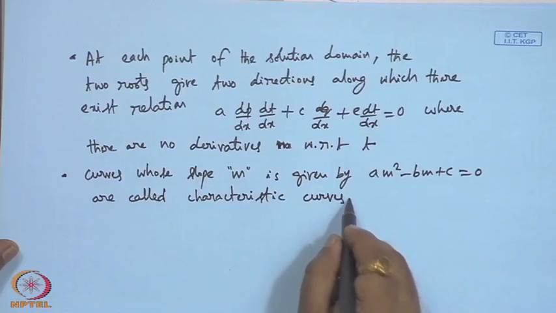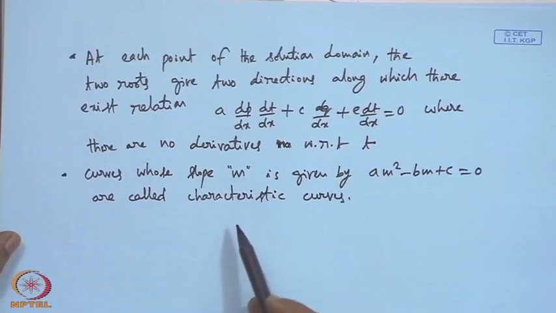Okay. So, that is where we are relying on the characteristic curves.